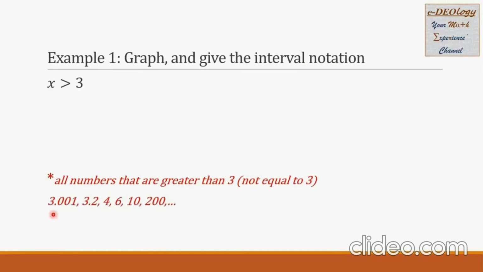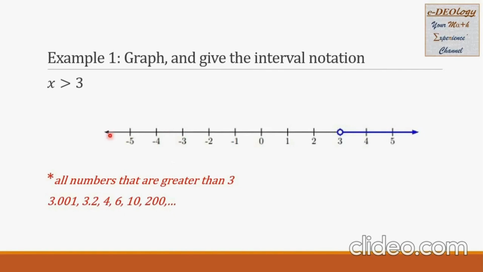Some examples are 3.001, another is 3.2, next is 4, another example is 6, another example is 10, another is 200, so on and so forth.